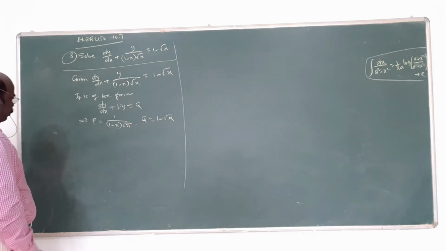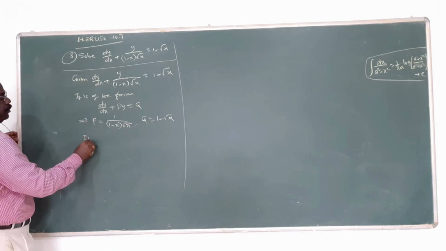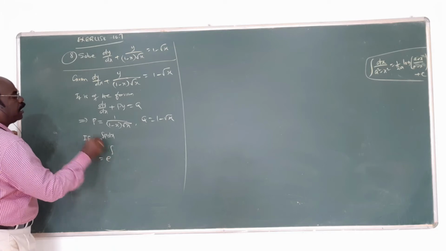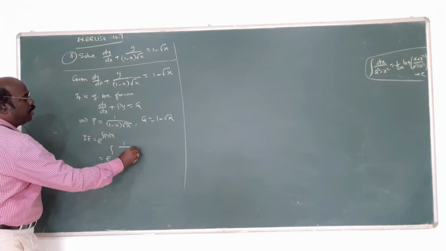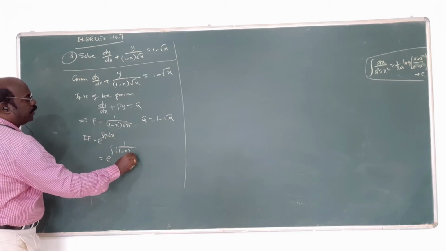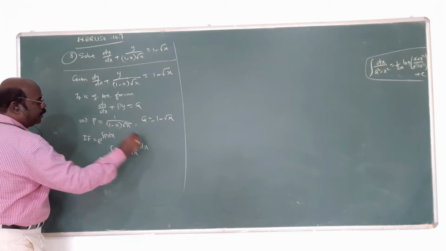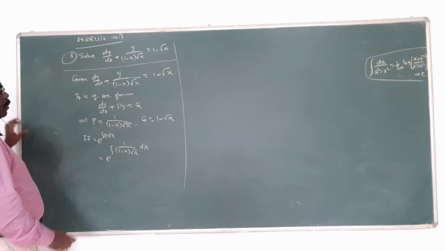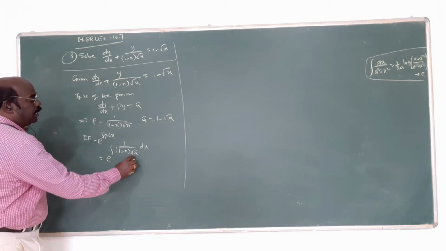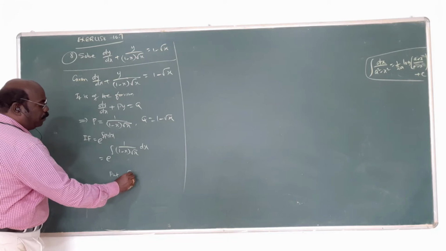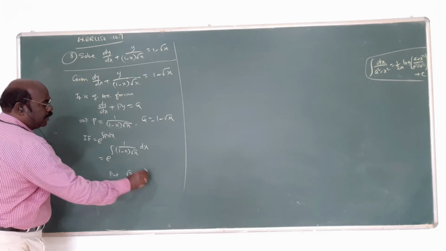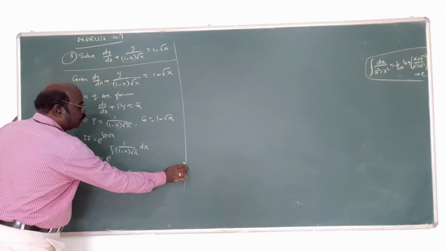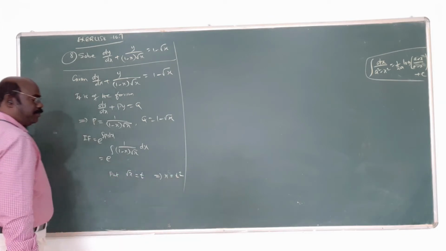Now, find IF. What is IF? E power integration of 1 divided by (1 minus x) into root x into dx. Am I right? Now, this is not possible directly, so we use substitution. Put root x equal to t. Then x is t square. Am I right?